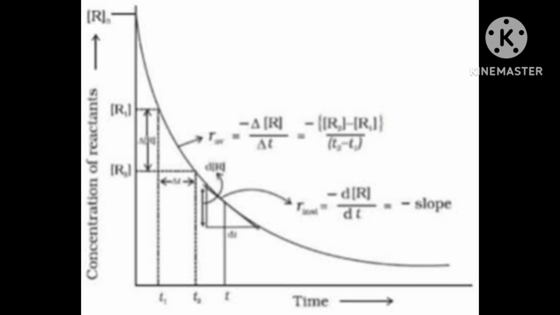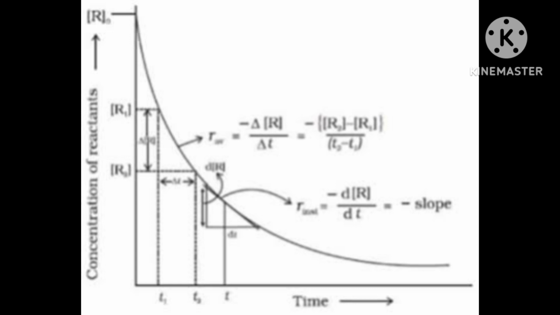For the change, d is also the differentiation term that can be used here. Then minus dr by dt is equal to minus slope, which is equal to rate. Slope is called rate, correct. This I have discussed with you.